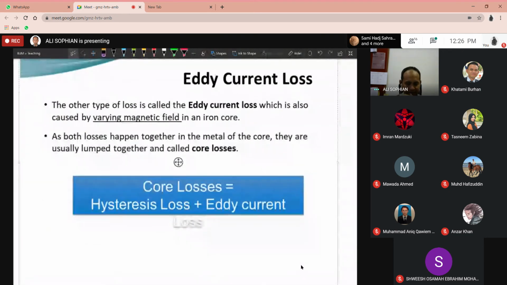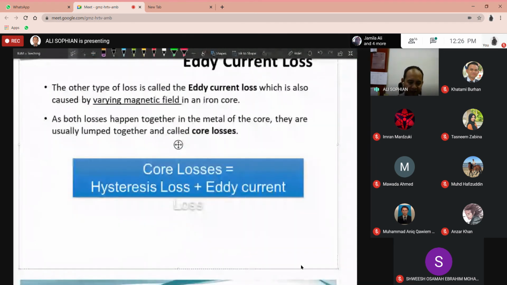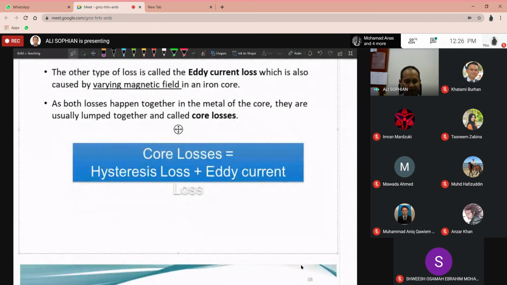This also happens inside the core, but in a different way. The sum of these two losses is called the core loss, which is the hysteresis loss plus the eddy current loss.